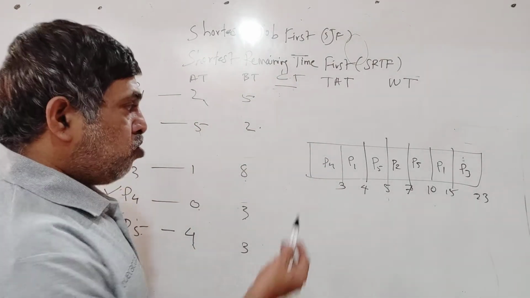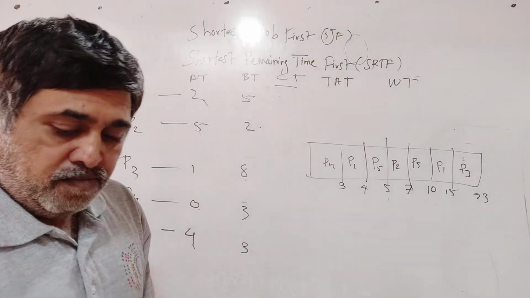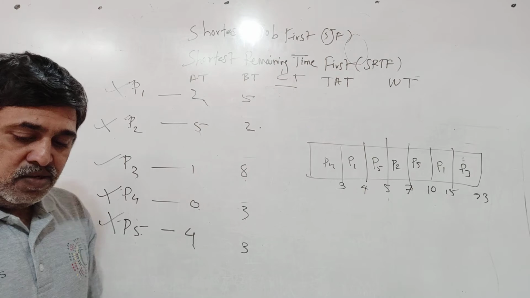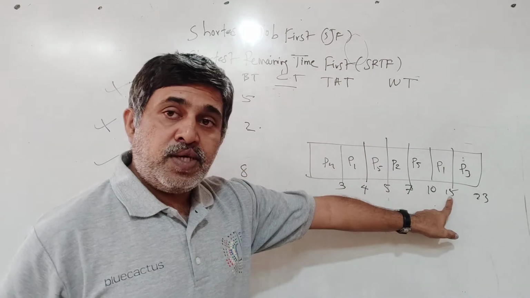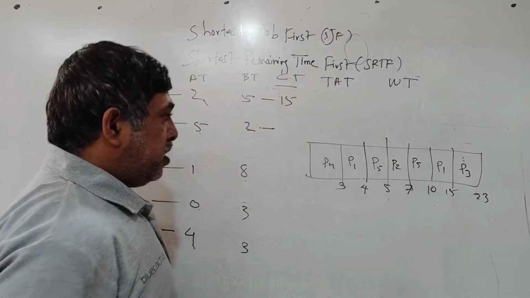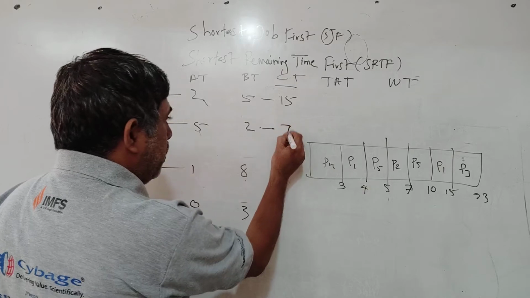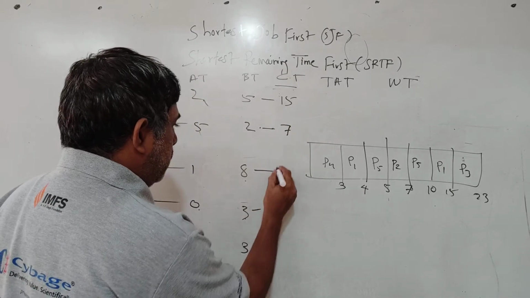the completion time. So P1 is completely executed at what time? At the 15th unit. P2 has completely executed at the 7th unit. P3 has completely executed at the 23rd unit.